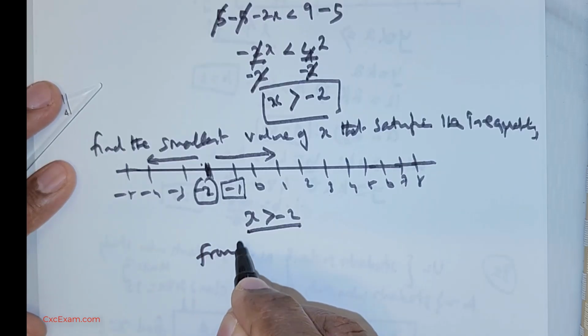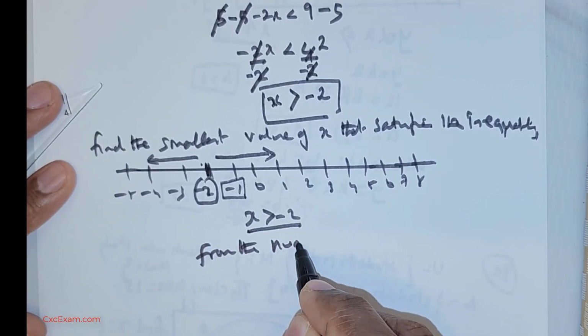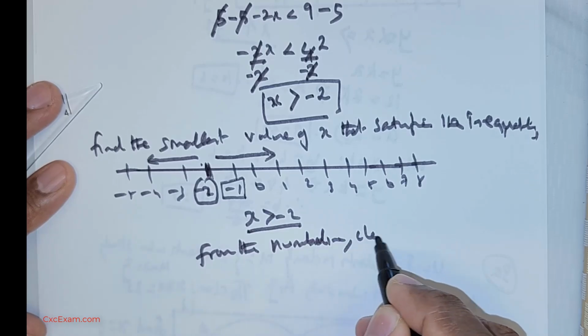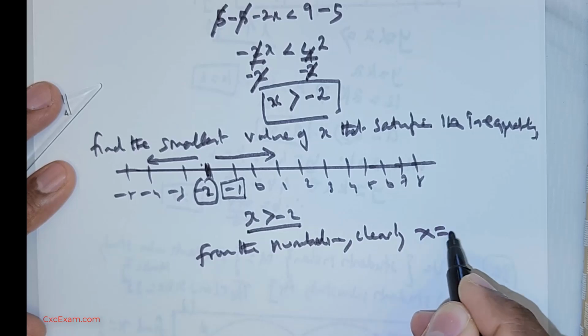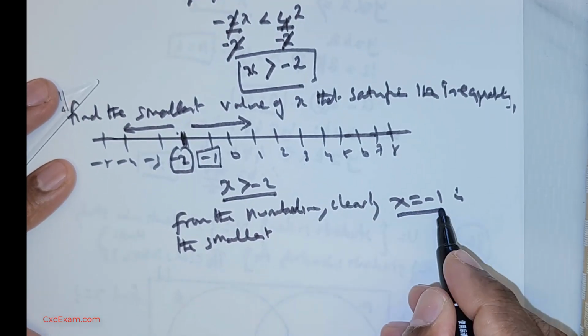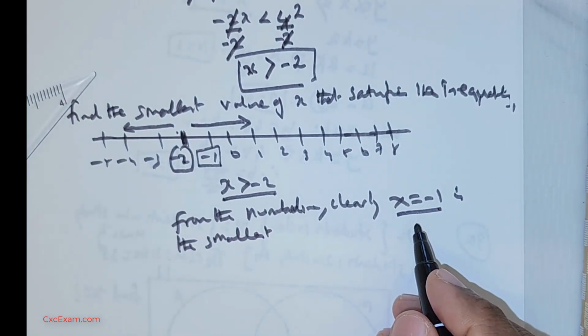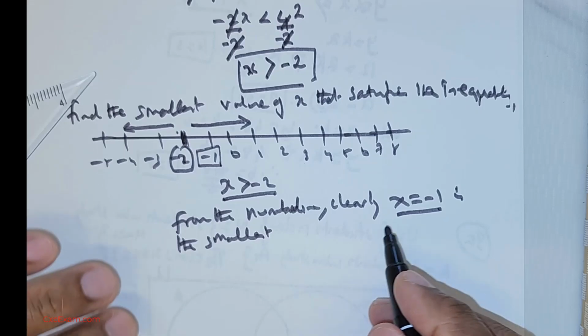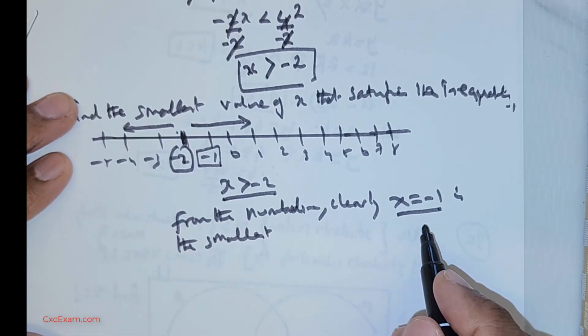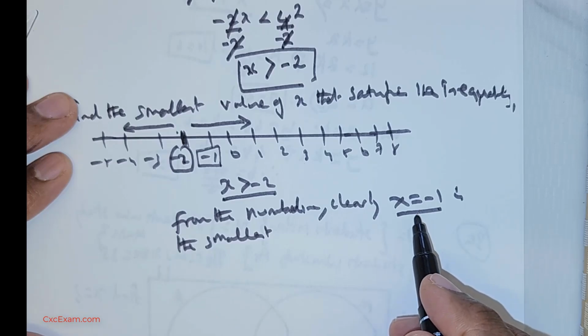So from the number line, clearly x equal to negative 1 is the smallest. Now the question is, does this integer satisfy? That is the most important criterion we have to check.